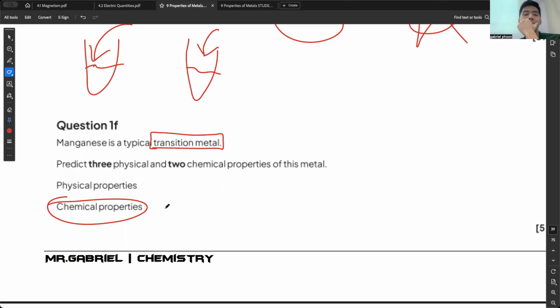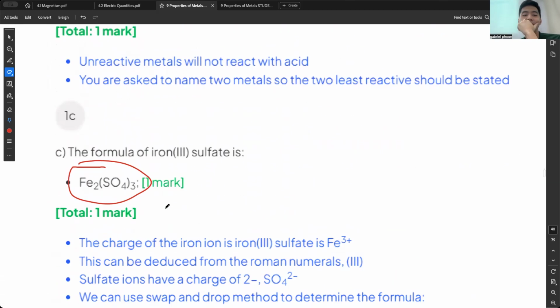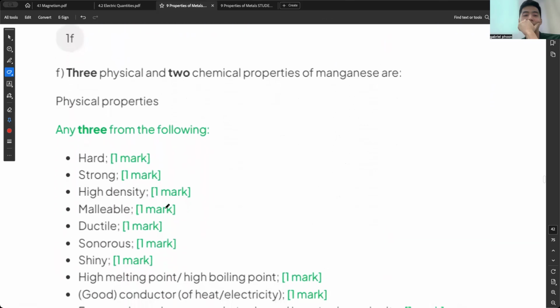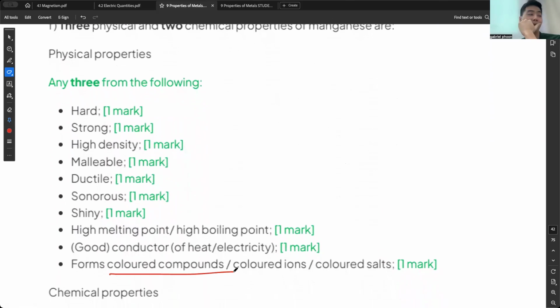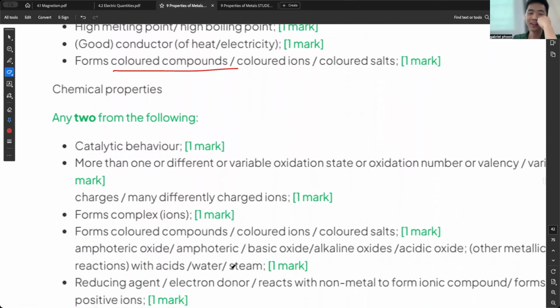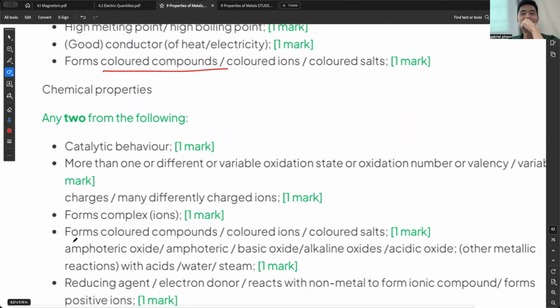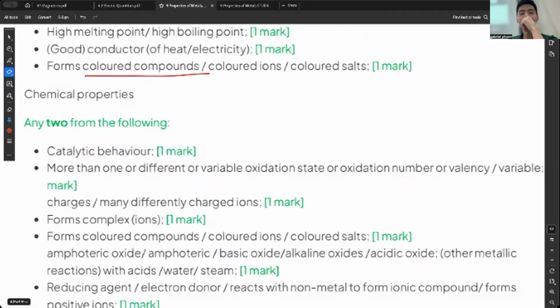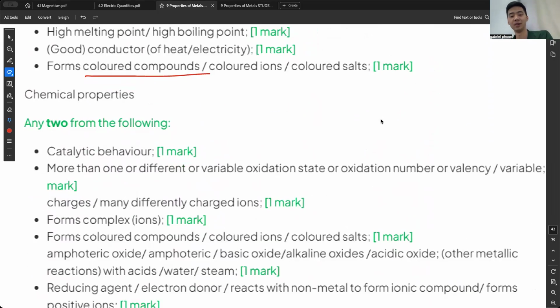Is colored compound a chemical property? No, right? It's a physical property, isn't it? Oh yeah. I thought it was physical. Catalyst, variable oxidation state. Is colored compound a physical state or chemical state?